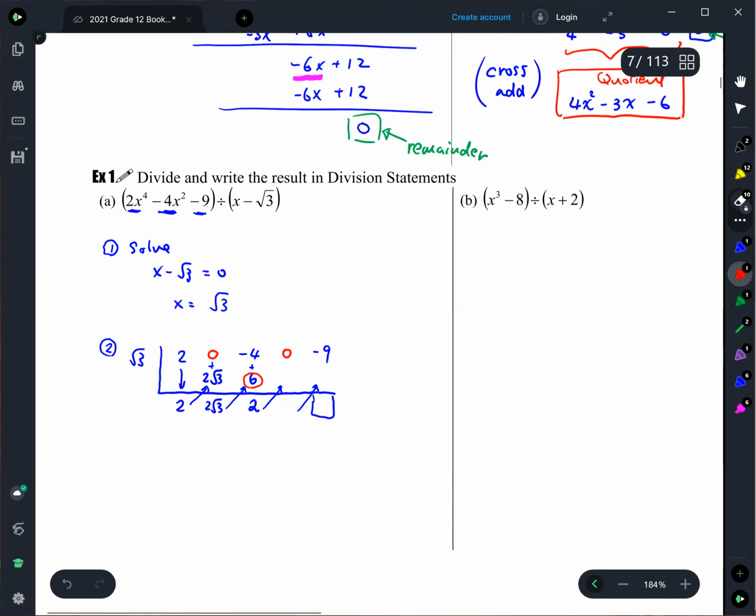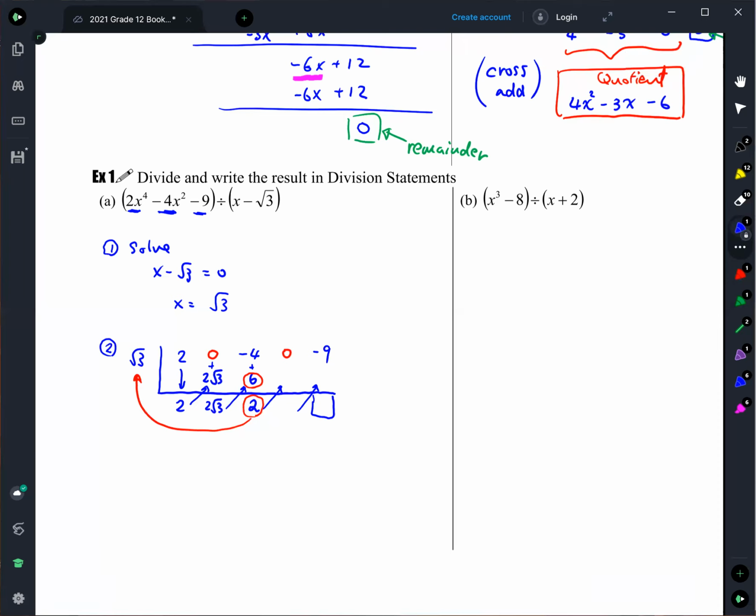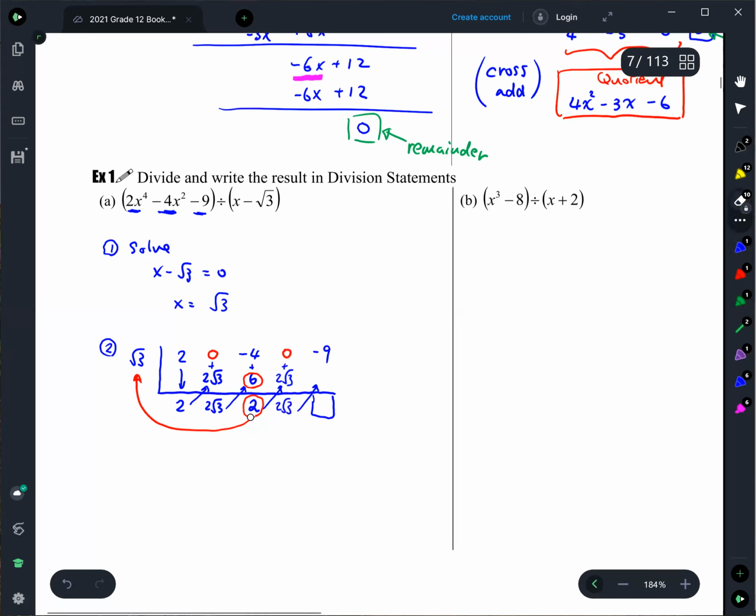So now we continue. We take this 2, multiply by the divisor. What's that? 2 root 3. And then you cross over, you put it here. What do you do next? Add the 0 and 2 root 3. That's right. What do you get? 2 root 3. Yeah, and then we repeat the same process. We take that number. What do we do? Multiply by root 3.